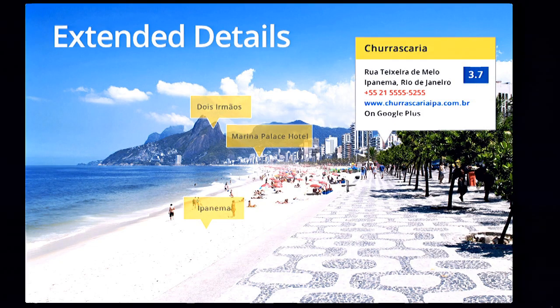So we have things like structured address information. We have things like ratings. I mentioned reviews. We also have the contact information and much more information about all these places. So we have global coverage, different types of places. I think it's over 100 different types of places, right, Marcelo? And extended details for all these places.